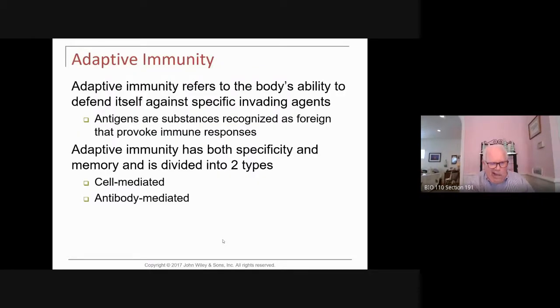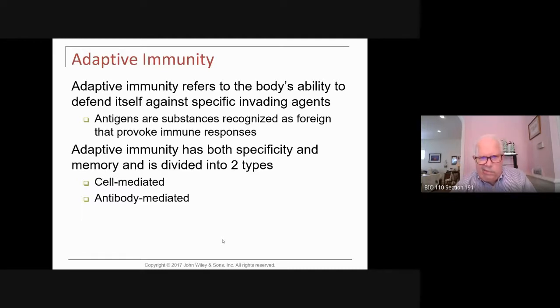We now leave innate immunity and go into the more complicated adaptive immunity. Adaptive immunity refers to the body's ability to defend itself against specific invading agents. We now have to talk about antigen antibody responses.